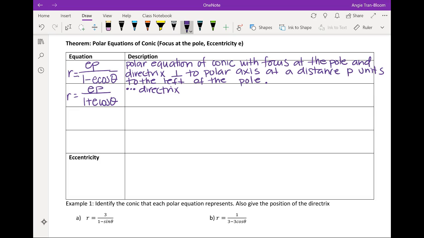The directrix, for this particular one, is still perpendicular to the polar axis at a distance of p units. Not to the left anymore. Guess what? P units, what direction? To the right, because it's a positive cosine. P units to the right of the pole.